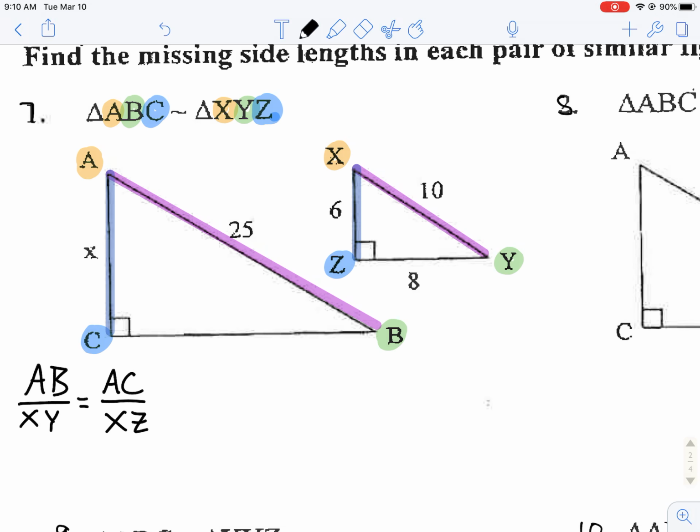So those are two sides that are corresponding, and we can set up proportional ratios based on that. So here I've got AB, which is 25, over XY, which is 10, and I'm going to set that equal to AC, which is x, over XZ, which is 6.